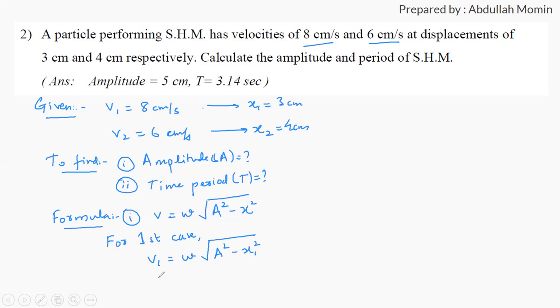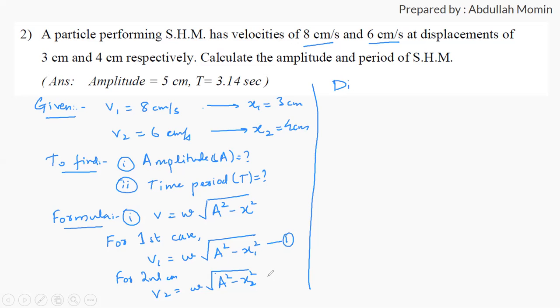So what is V1? V1 is 8. Similarly, for the second case, V2 is omega root A square minus X2 square.